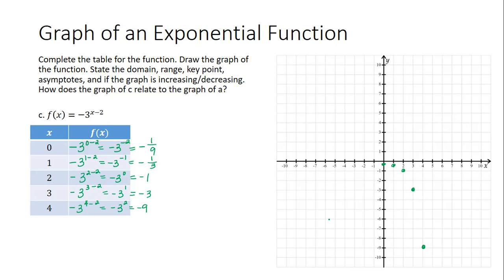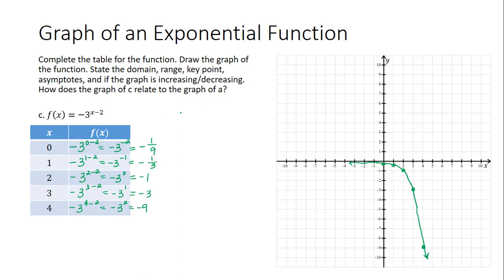So we can connect the points to get the graph. And so notice that we can see the shifting right of the basic function and also how the graph has reflected across the x-axis. The domain and range change a little bit, not the domain.